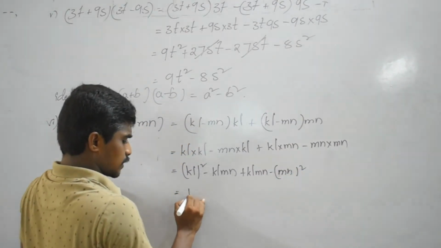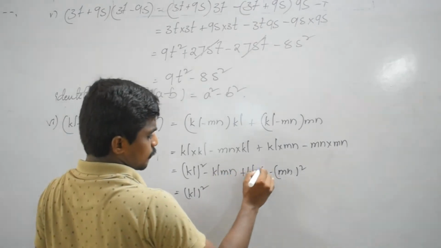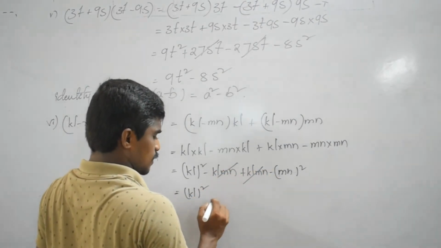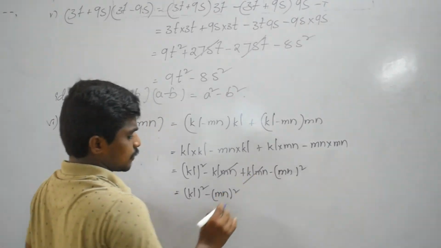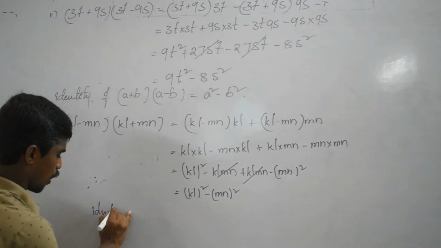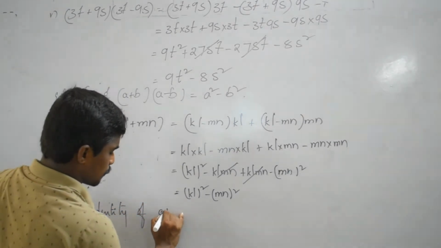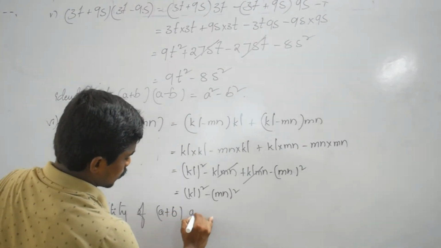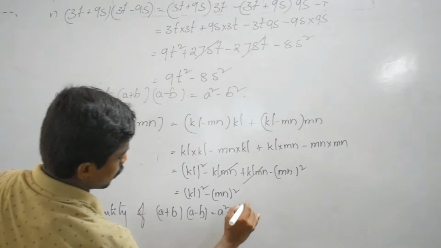Now kl whole square, the kl mn terms, plus 1 and minus 1 cancel, minus mn whole square. So this is the identity (a plus b) cross (a minus b) equals a square minus b square.